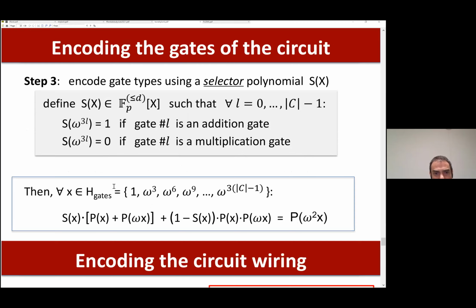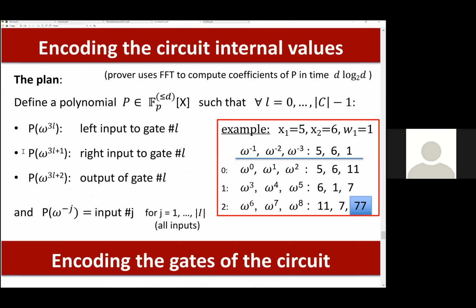For example, if people are familiar with PlonK, you'll know that we have these three polynomials, FL, FR, FO, where FL is the left wires, the right wires, the output wires, and we have them in three separate polynomials.